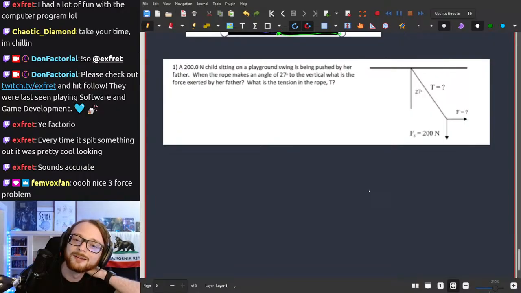Wait, what? Is the father following her as she's swinging, or is this the top of the arc?